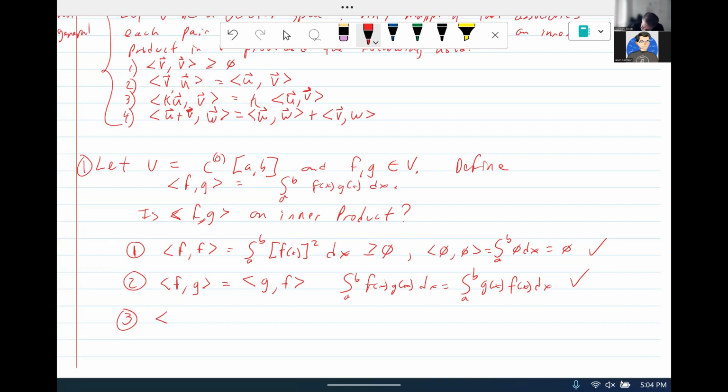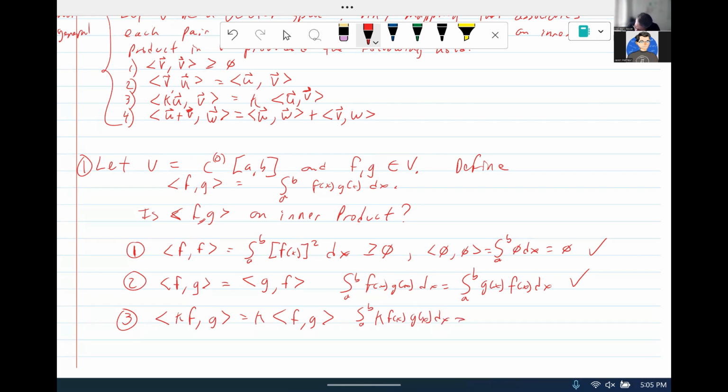Is the inner product of kf with g equal to k times the inner product of f with g? Let's check this one out. This one is going to be the integral from a to b of k f of x g of x dx.